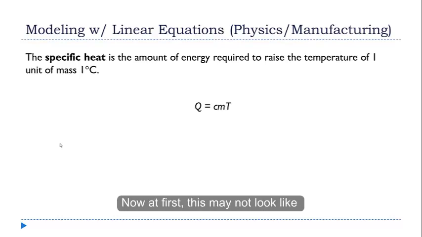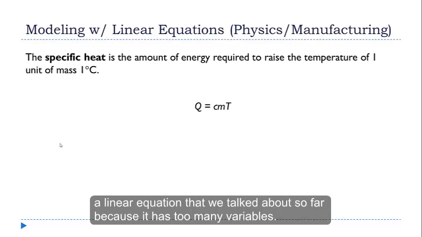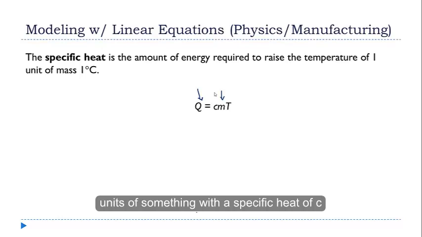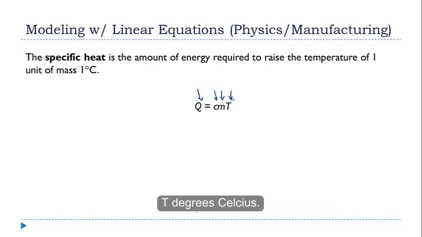Now, at first, this may not look like a linear equation that we've talked about so far because it has too many variables. There's Q for the heat required to raise M units of something with a specific heat of C by T degrees Celsius.